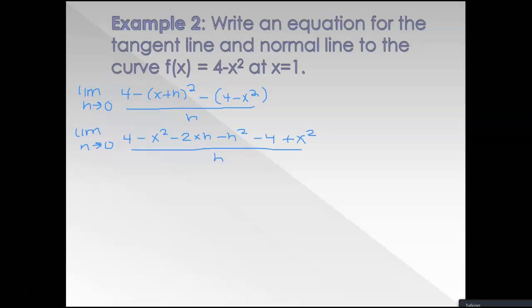The algebra is the trickiest part. You have to make sure you distribute all of the negatives correctly. So it's negative x squared, negative 2xh, negative h squared, negative 4, positive x squared. Take out an h.